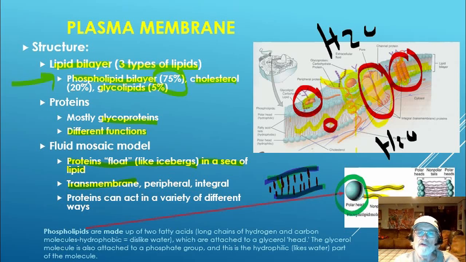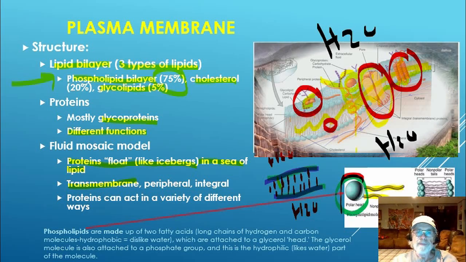What's outside is water, H2O. This blue part, the glycerol area, loves the water, so it can exist very easily with it. However, the hydrophobic area in the center doesn't, which creates a bit of a barrier. It makes sense. If you just think about it, it makes all the sense in the world.